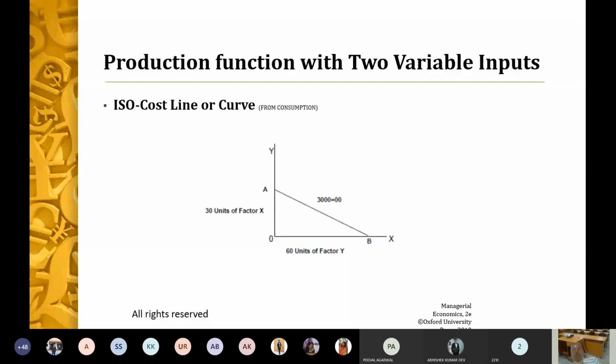Obviously, the combinations of factors X and Y would be different. At a lower point, the factor of X would be different and Y would be different. For a point, you need to draw parallel lines to the x-axis and the y-axis to find out the exact units.